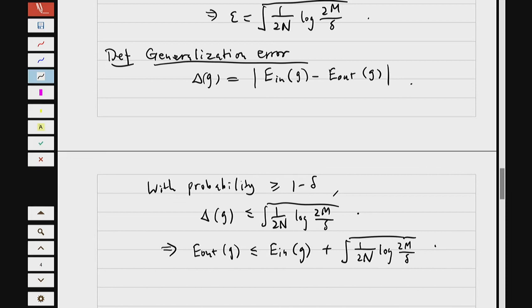Of course, if your 1 minus delta is very large, close to 100%, then this delta will be very small, and this thing could be large. Yeah, it's a trade-off. Probably approximately correct. You can't have just one of them. You have to talk about both of them. What is the probability, and what is the approximation error? Right? Okay.